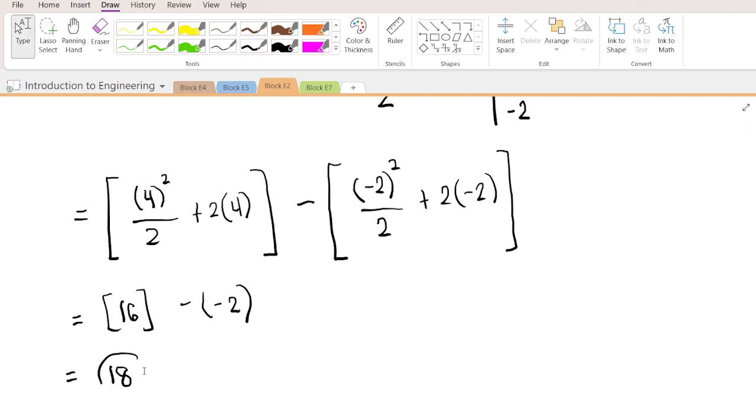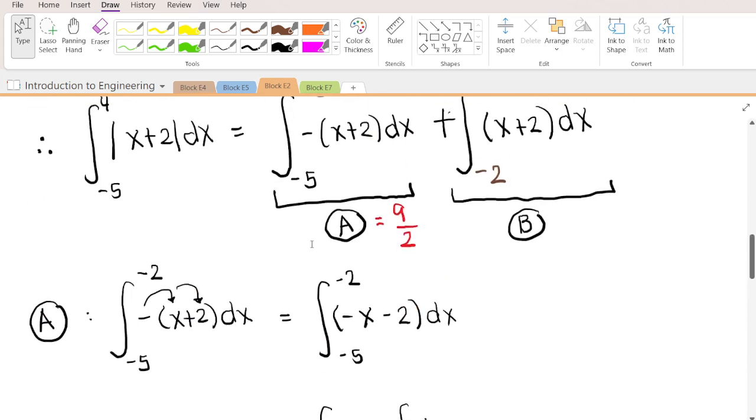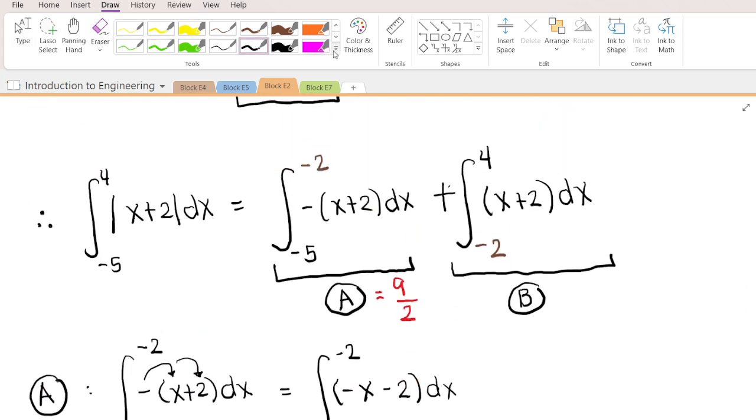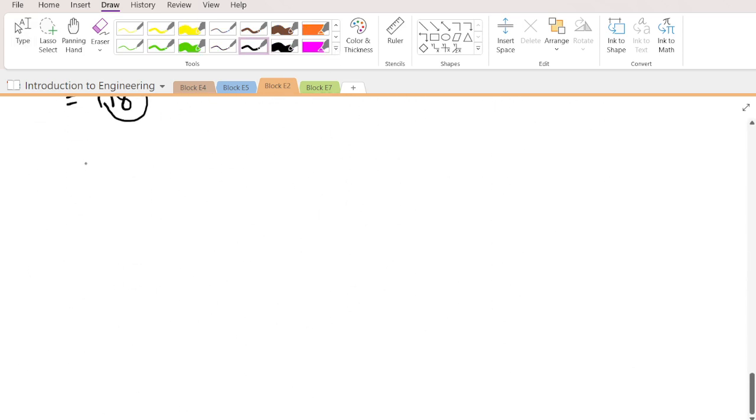That will be our final answer for part B. 18. So our answer for the definite integral.